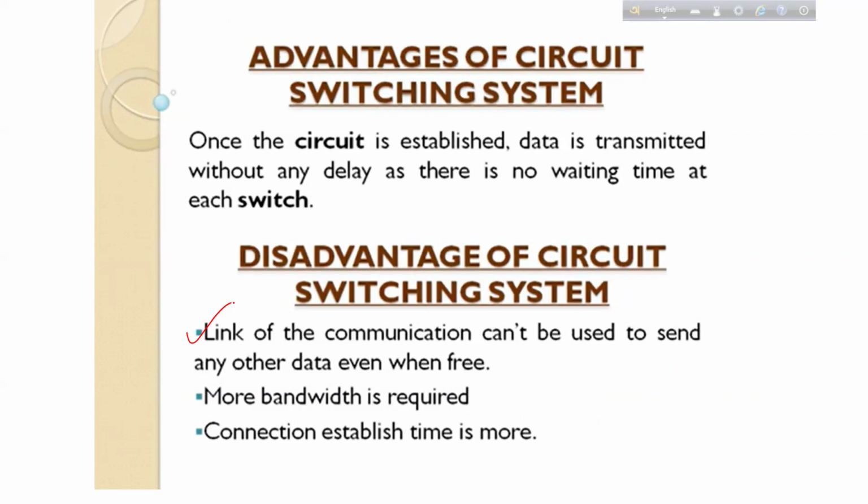The second problem is that more bandwidth is required, as I have a dedicated path. Now connection establishment time is more, as before the starting of data transmission, I have to establish the connection. So I need some dedicated time for this connection establishment.